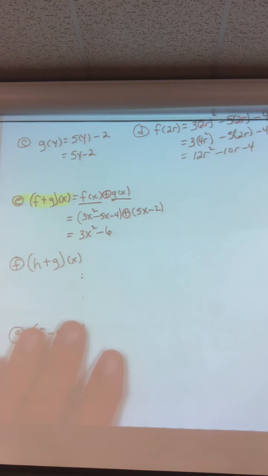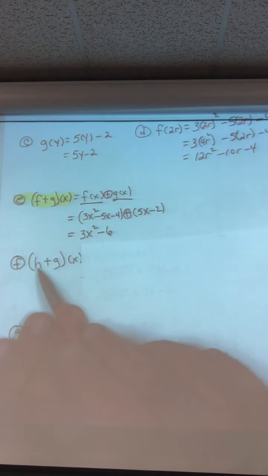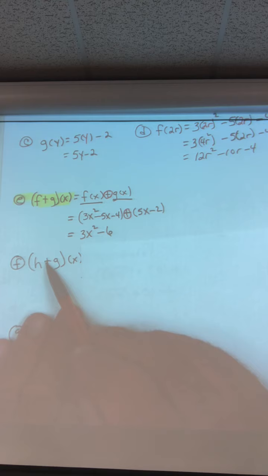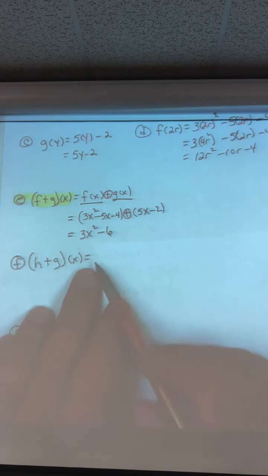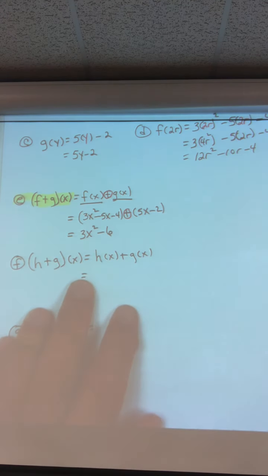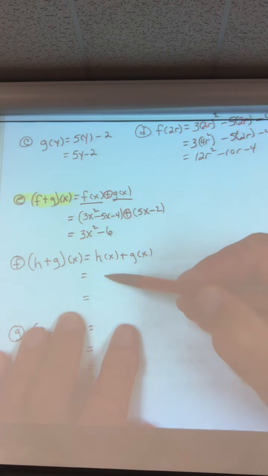Okay, let's do another one. Here's the question. H plus g of x. The first thing I want you to write is put your equal sign and then write h of x plus g of x. That's the first thing I want you to write. Now, what is h of x?